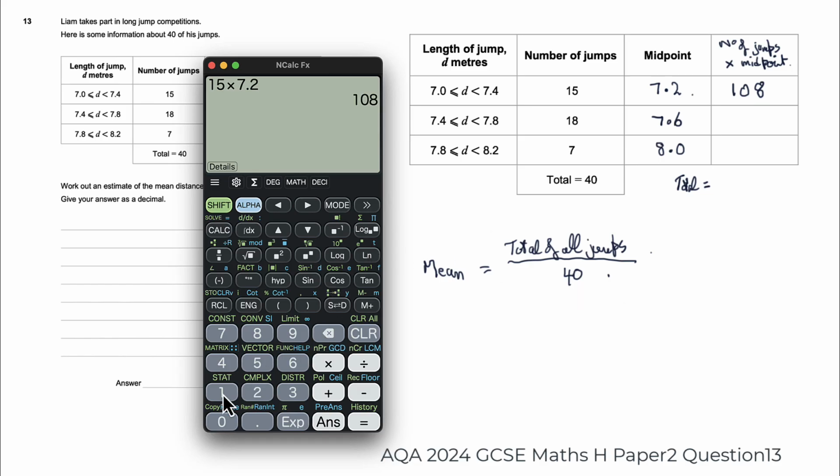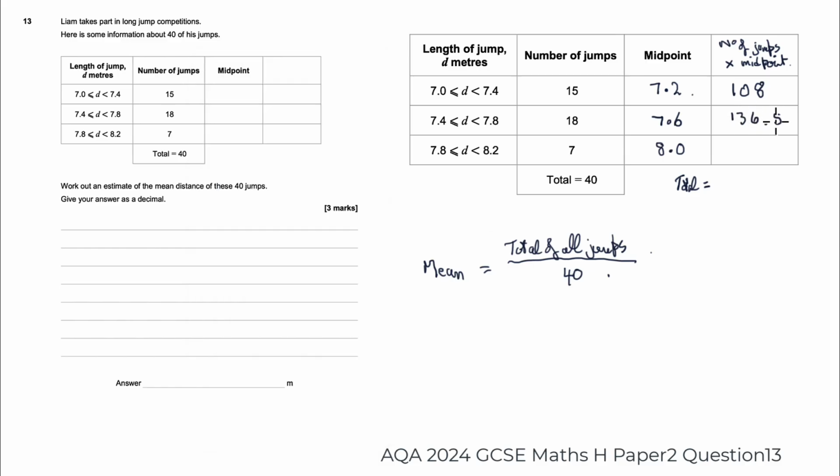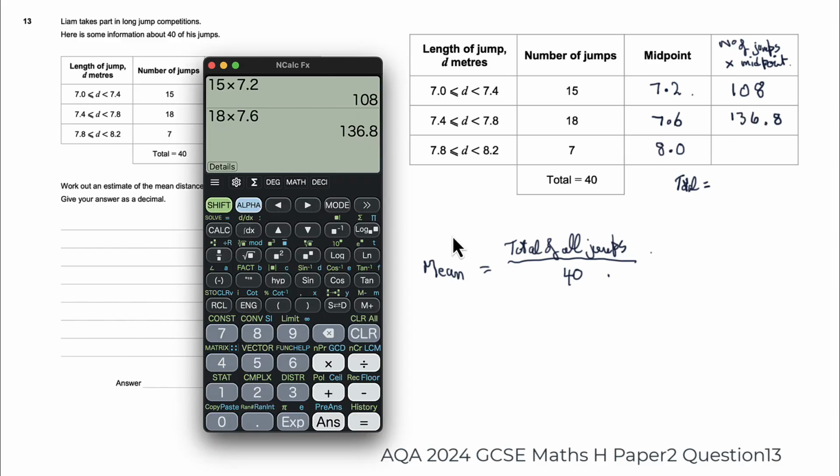Next we've got 18 times 7.6. That's 136.8. And then we've got 7 times 8. Well, that's 56, is it not?